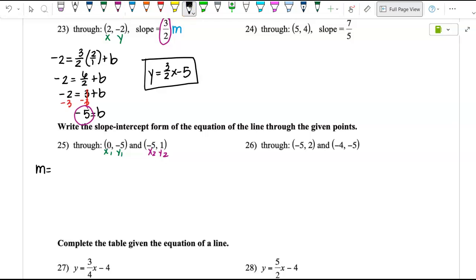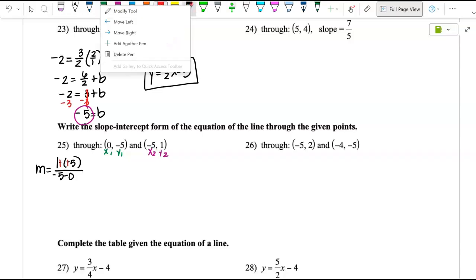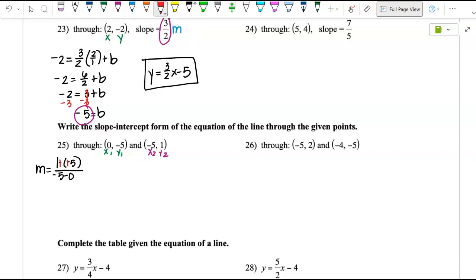So the slope equals 1 minus a -5 divided by -5 minus 0. I have that double negative situation in the numerator. So now I have 1 plus 5, which is 6. Negative 5 minus 0 is negative 5. So my slope is negative 6 over 5.